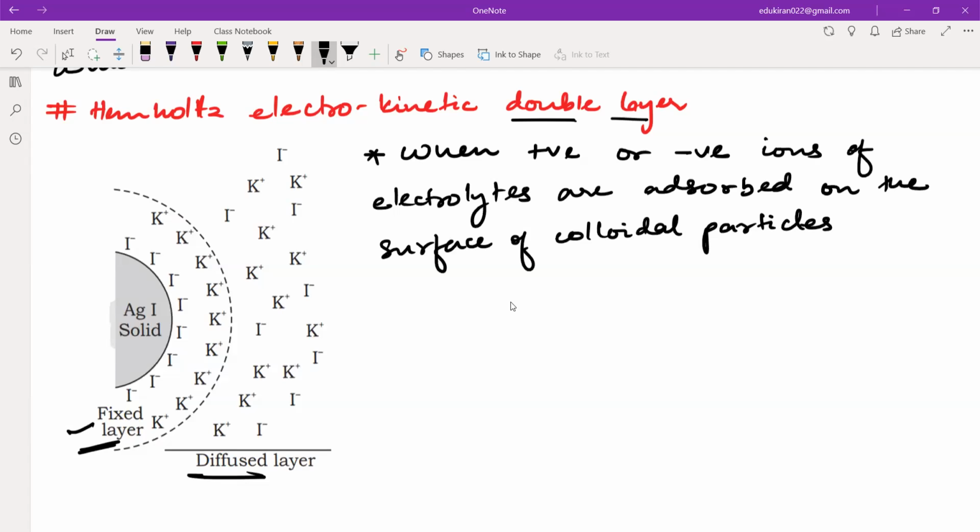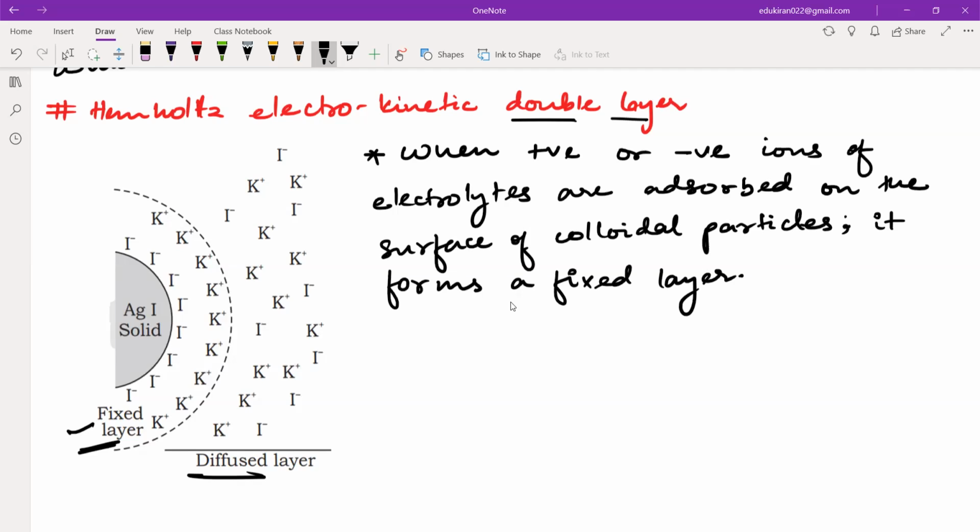Then we form a fixed layer. It forms a fixed layer.